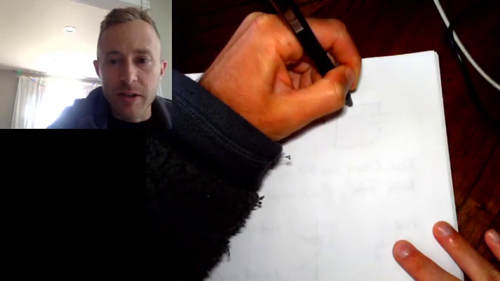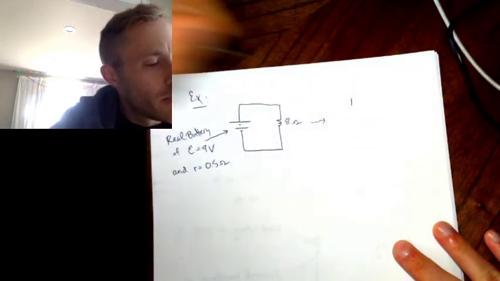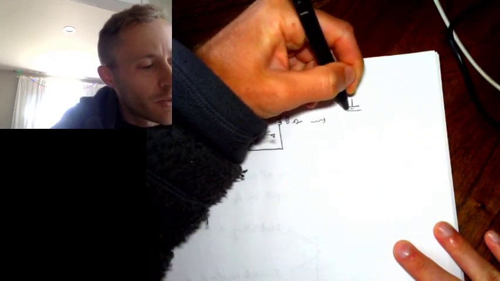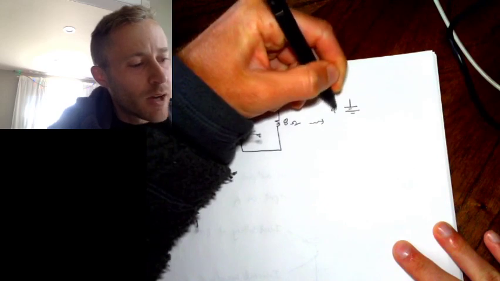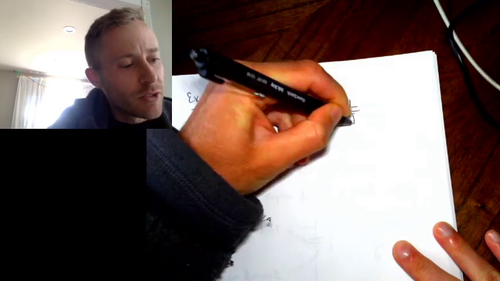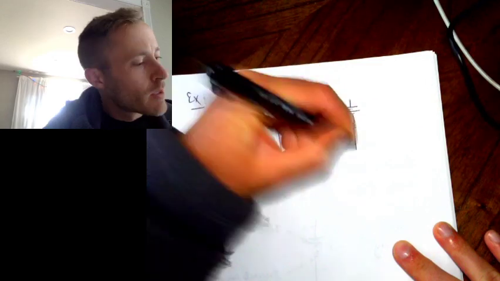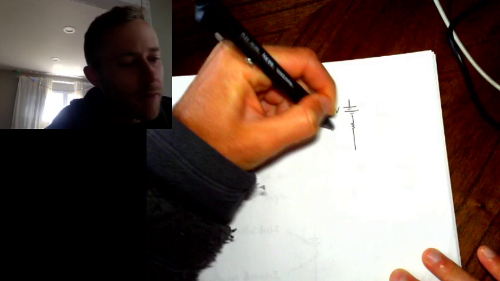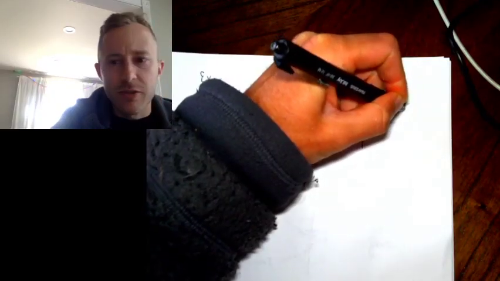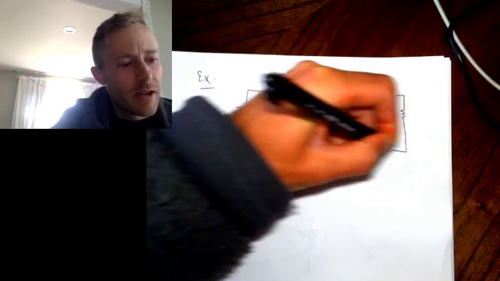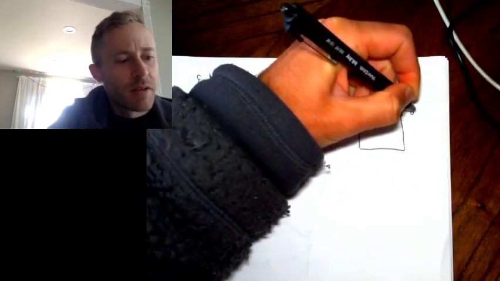So the real battery is really a 9 volt battery in series with a 0.5 ohm resistor. Okay? And then that is connected to an 8 ohm resistor.